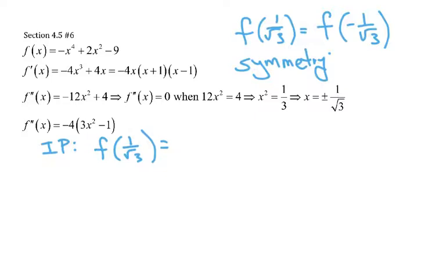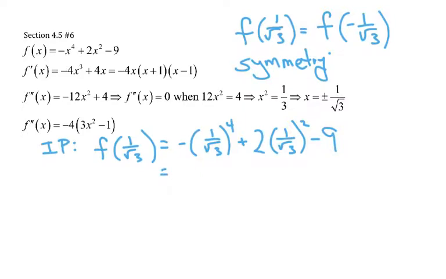Okay, so I have a negative sign, and I'm raising this to the 4th power, and this is squared minus 9. All right, 1 over the square root of 3. Maybe I'll do this up here. What is the square root of 3 to the 4th power? Well, that would be the same as 3 squared. This is 9.